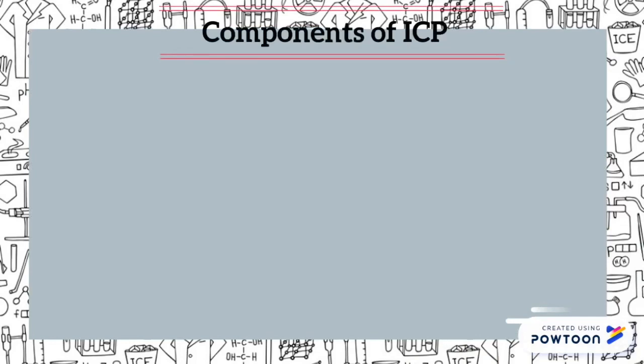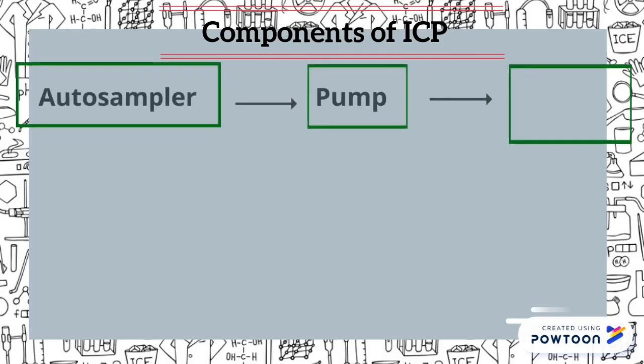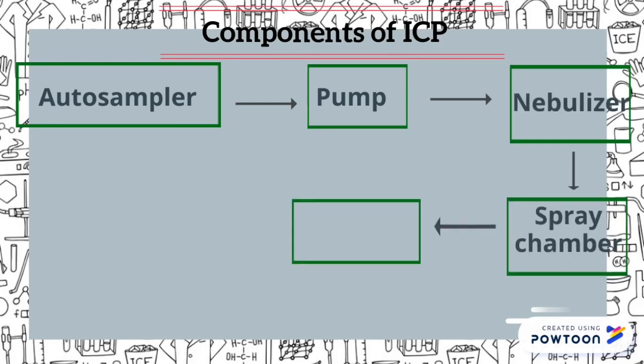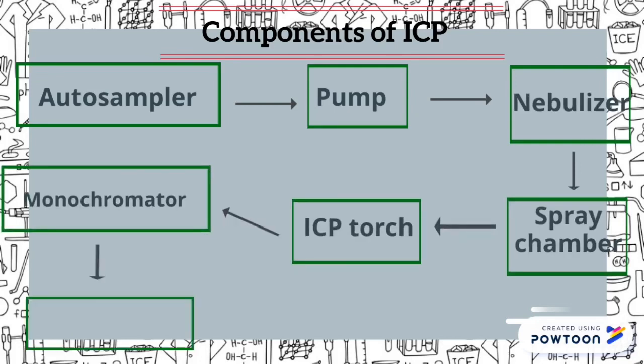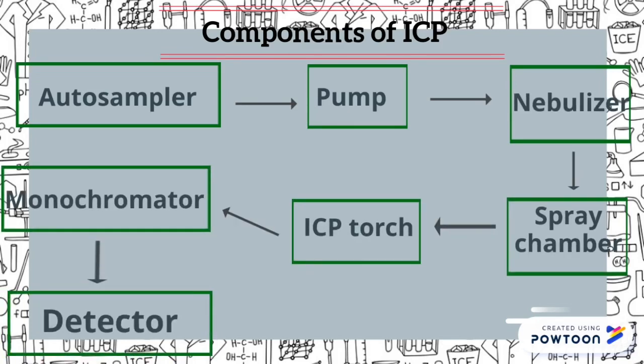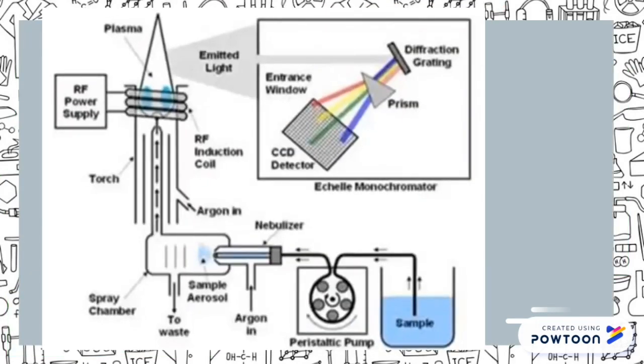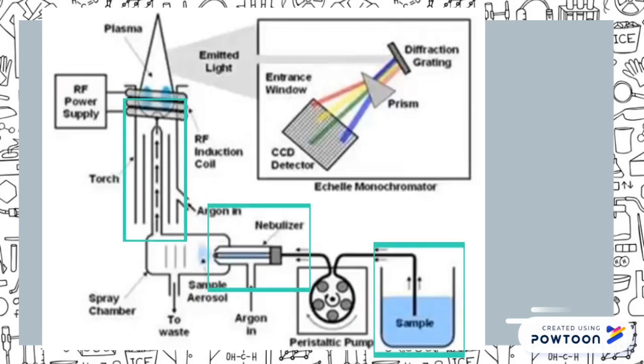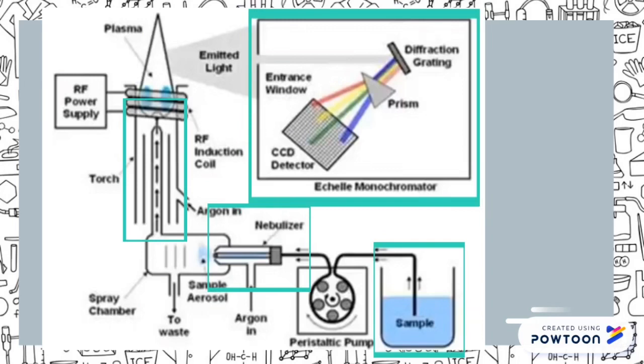Next, those are the components of ICP-OES in sequence. There are some important parts in ICP-OES that should be known, which are sample, nebulizer, ICP torch, and monochromator.